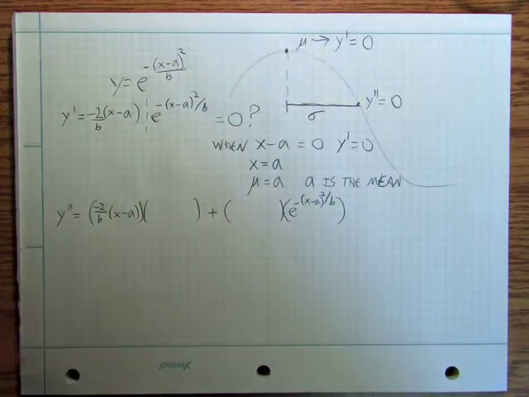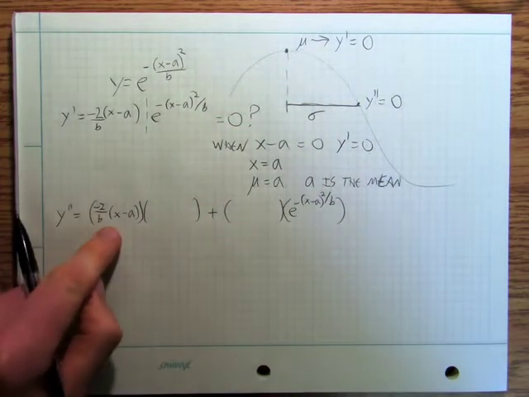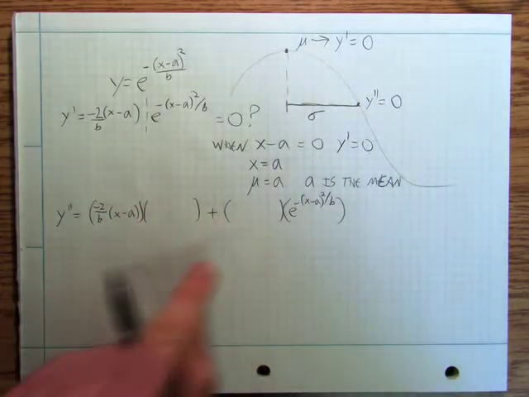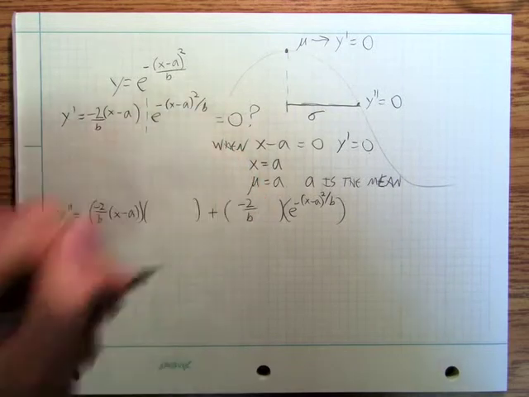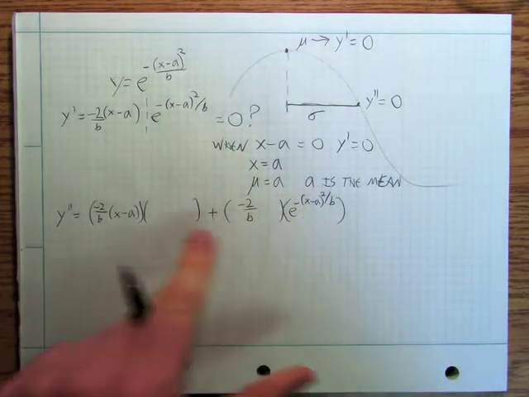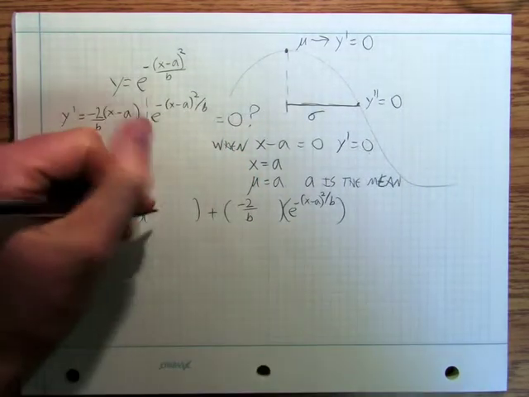Then I'm going to take the derivative of this and put it in there, and the derivative of that is just going to be minus 2 over b. And the derivative of this, I've already found the derivative of that.